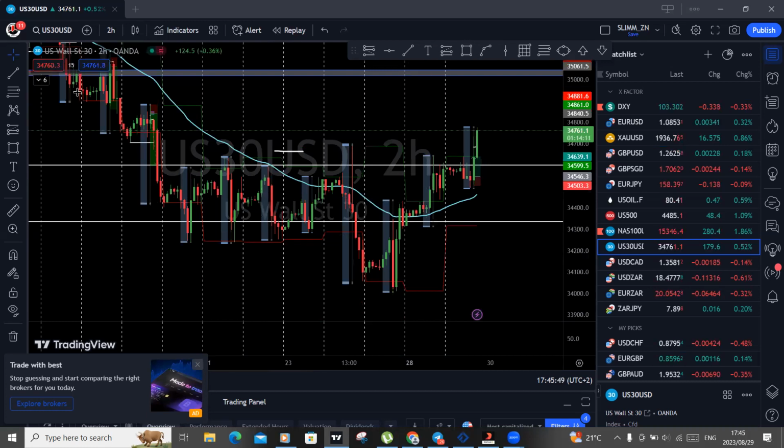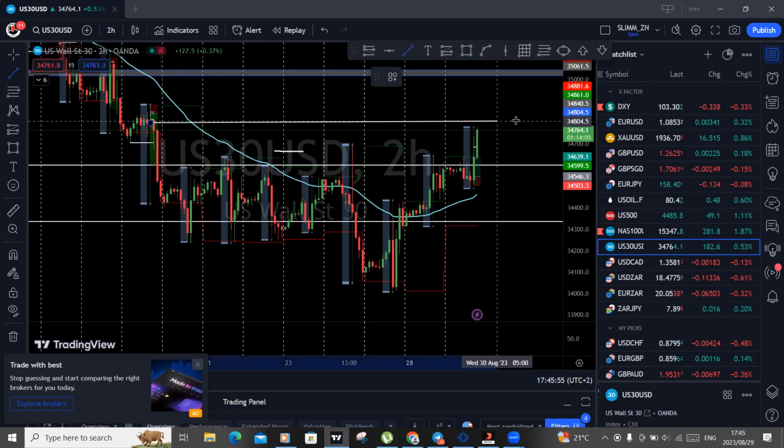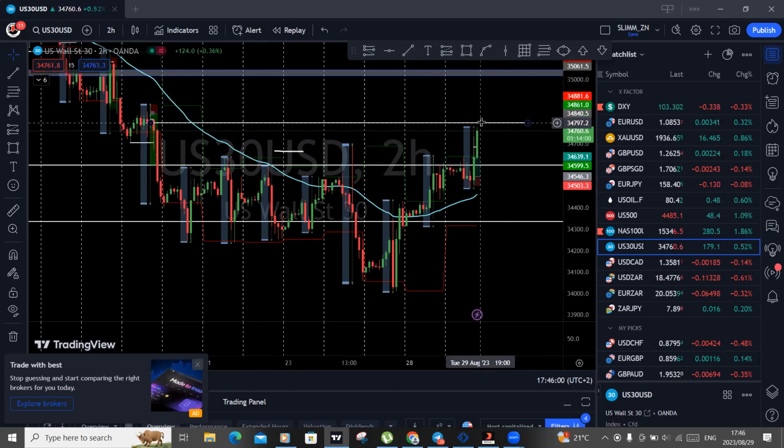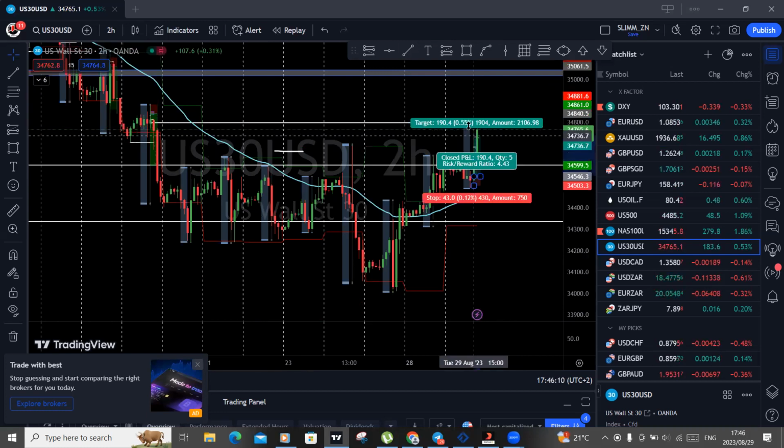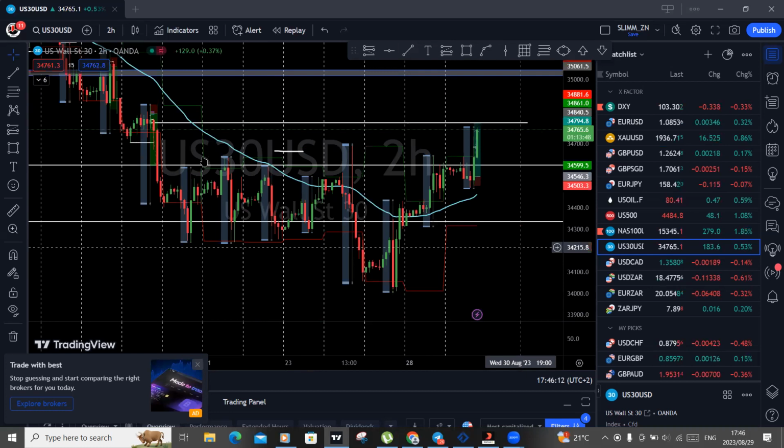So price can potentially come back to a zone marked on the top there, or they are coming right here. This is where we might get some reversals, right around 34,797 or 34,800. That would have been a possible TP for this push.